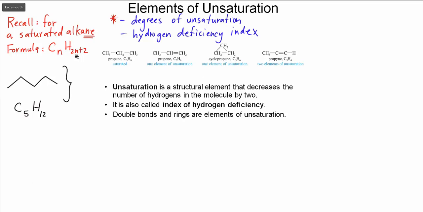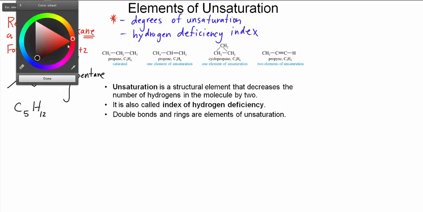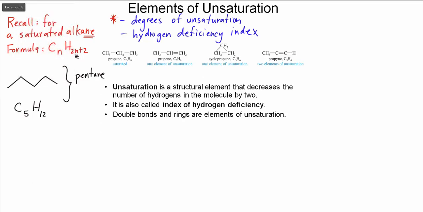So in pentane, I should have 12 hydrogen. I have 3, 2, 2, 2, and 3, which gives a total of 12 hydrogen.